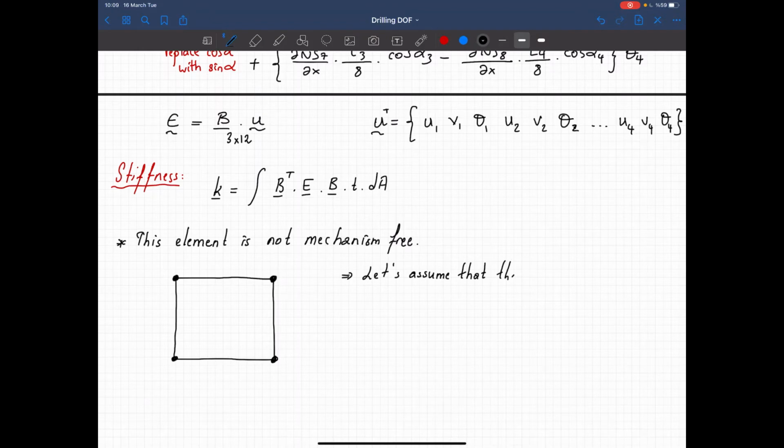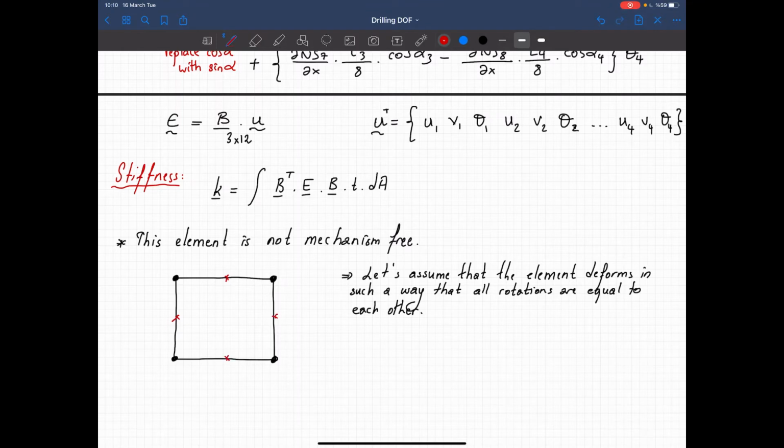The element deforms in such a way that all rotations are equal to each other. Okay, let's consider this deformed shape. So when that's the case, these are the mid edges.